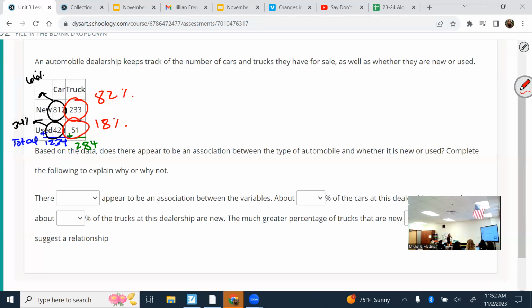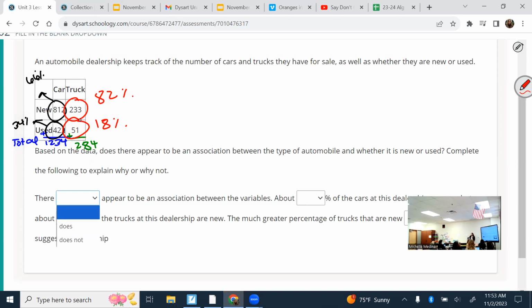So based on those numbers now, do you think that there's a relationship, an association between whether they prefer them to be new or used for their cars? Or would you say it's about 50-50 either way? So there does or does not appear to be an association.